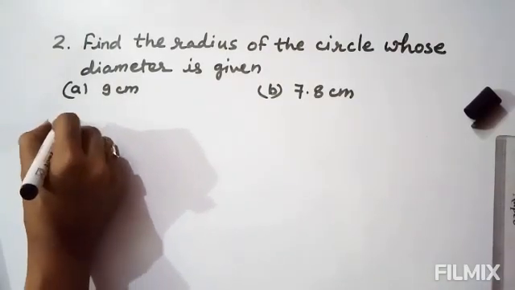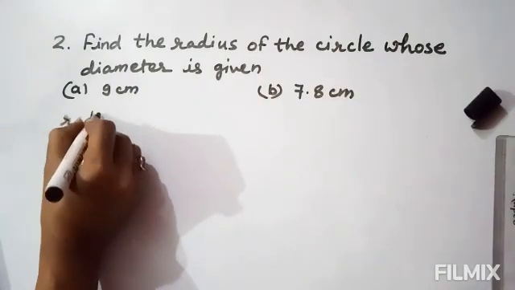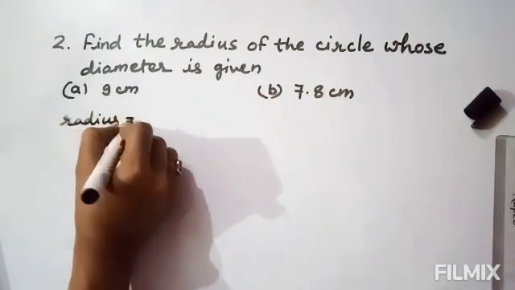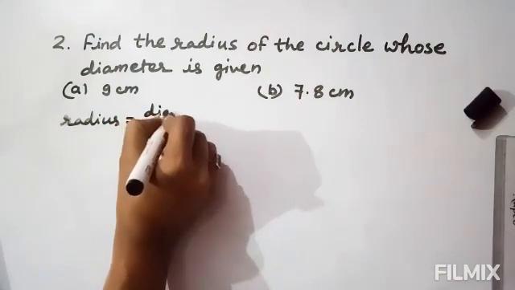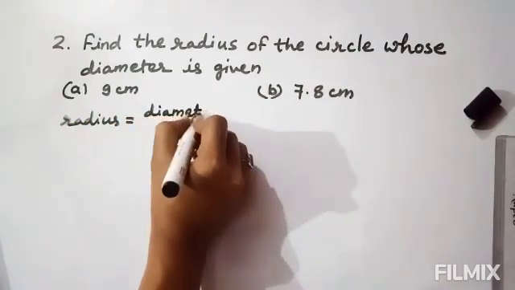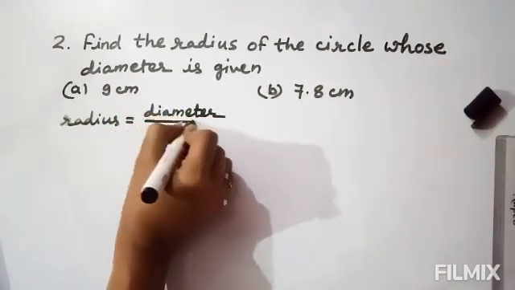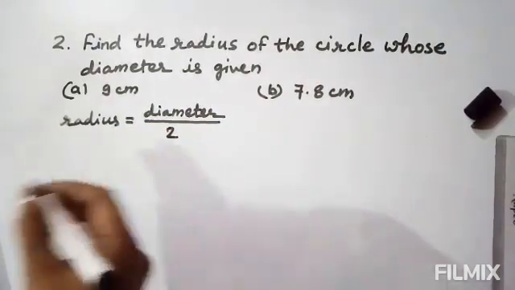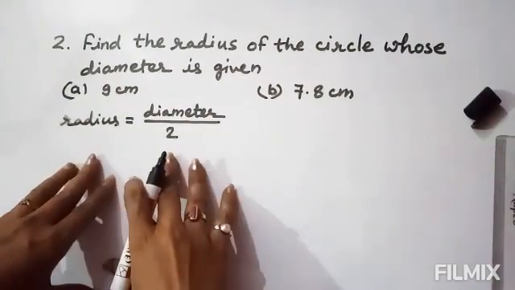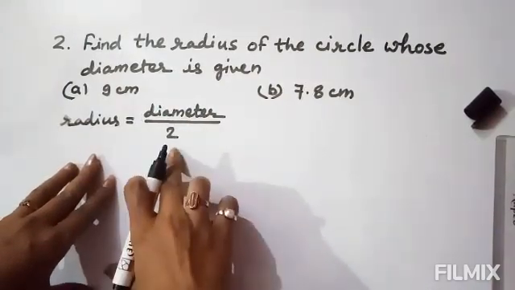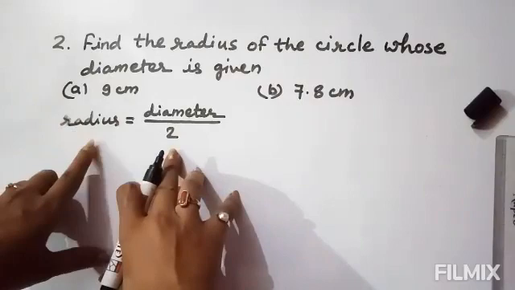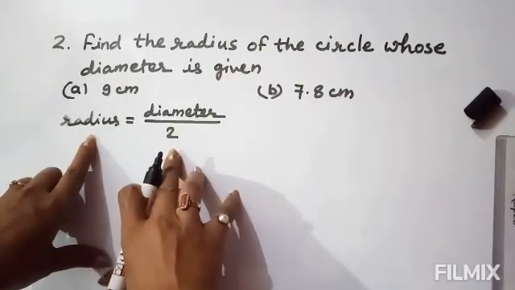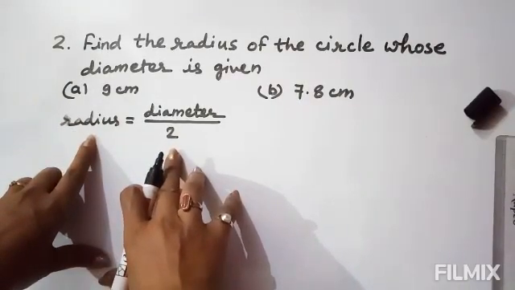Radius is equal to diameter divided by 2. It is just the opposite of the previous formula. In this, we will divide by 2. In that one, we had multiplied the radius by 2. Am I clear?